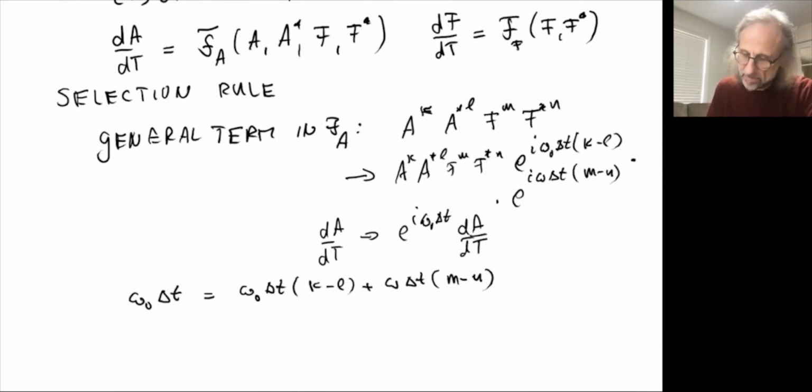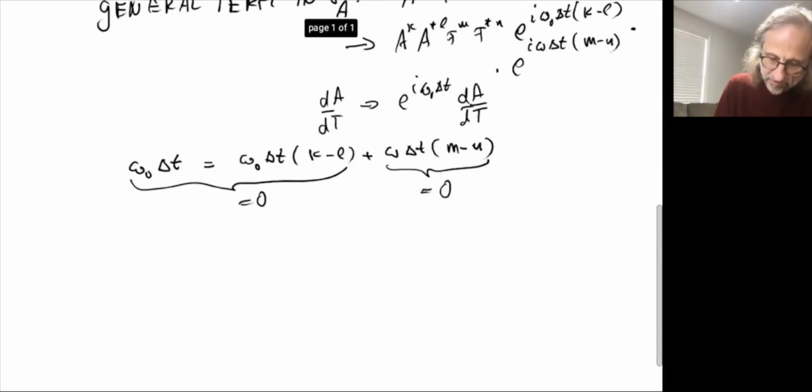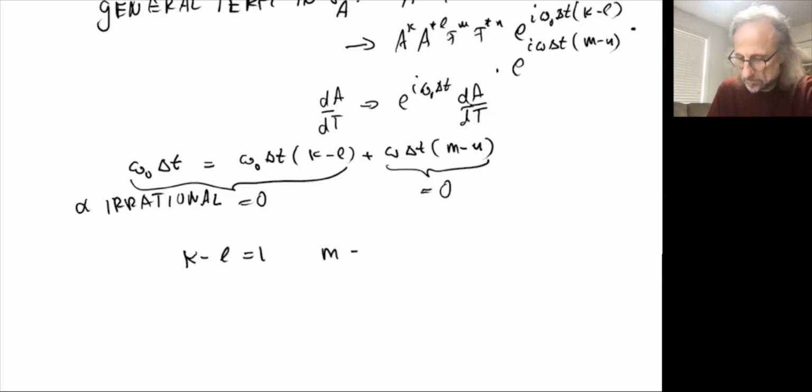So in other words, this term has to vanish by itself, as do these together, because alpha is irrational, right? Let me emphasize that again. And so we get the condition that K minus L equals 1 and M equals N.